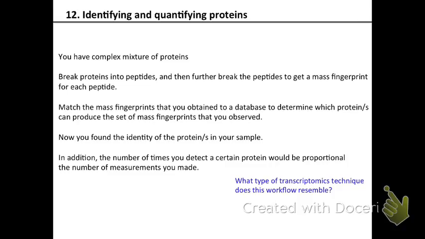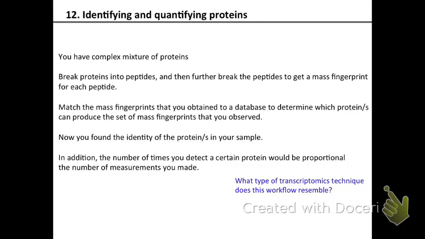All right. So this type of workflow should remind you of something immediately. What transcriptomics technique does this workflow resemble? Speak up. I hear the right answer. Somebody is guessing it.